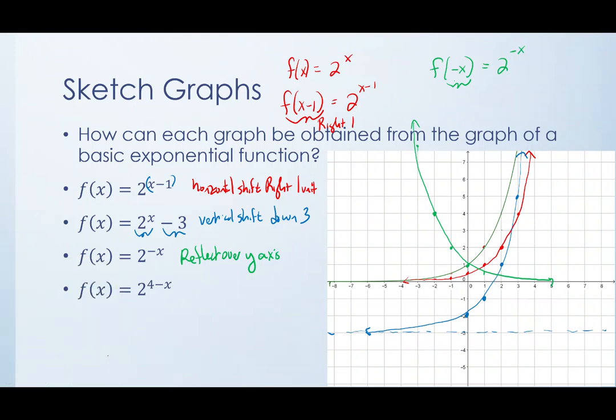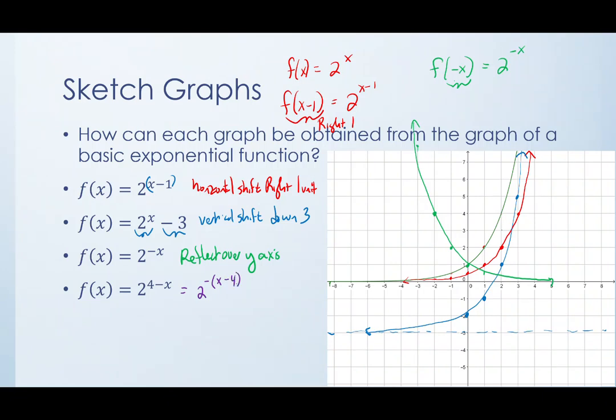And then this last one is a little tougher, because we know we have a translation in here, but we actually also have a reflection. So this one, I'm going to encourage you to write this as 2 to the negative x minus 4. That is algebraically the same.